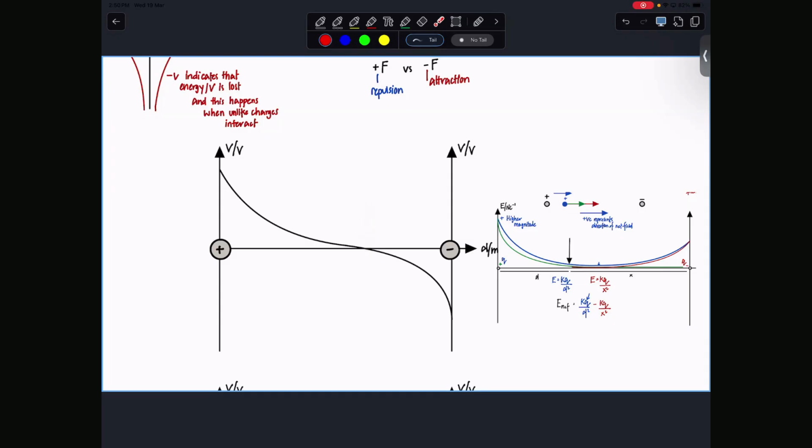Gradient of a straight line. No, this one is differentiated to get that. The question is, what does this turnover point here represent? Change in charge. Weakest electric field strength. Equal electric field strength at that point. No. Not equal electric field strength.